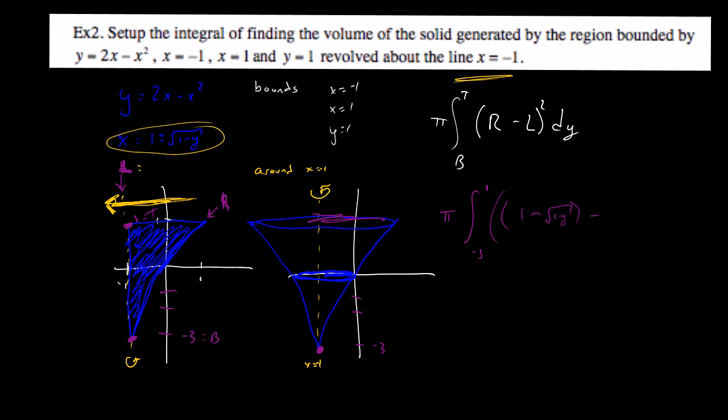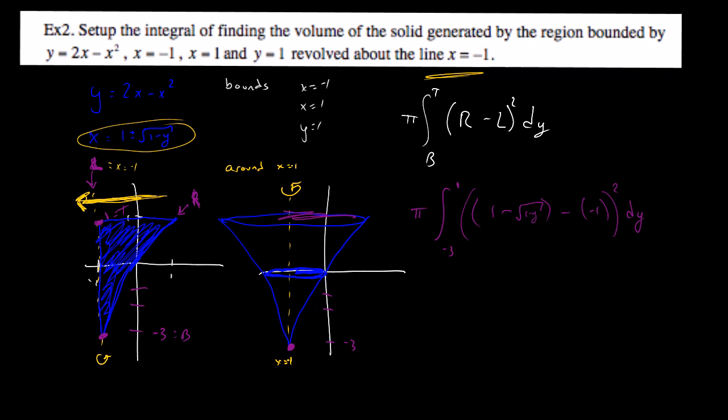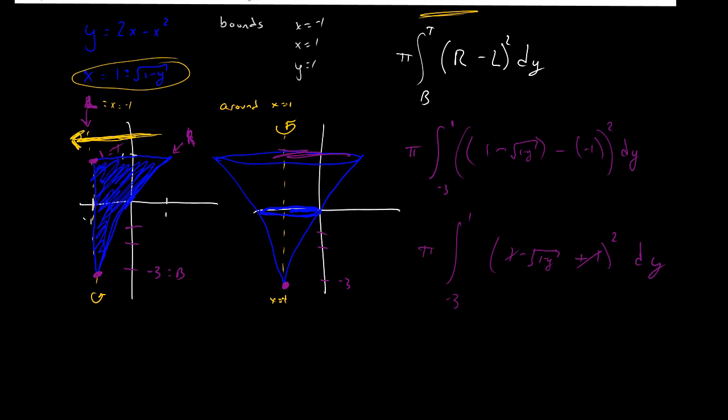So our left function is -1, and we square it, in terms of y. Simplifying, we have the integral from -3 to 1 of 1 minus the square root of 1 minus y plus 1, quantity squared, dy. These ones add up, so our final setup is pi times the integral from -3 to 1 of 2 minus the square root of 1 minus y, the whole quantity squared, dy.